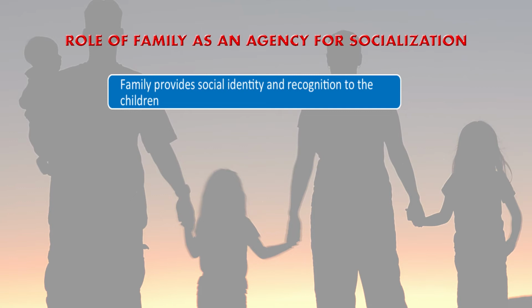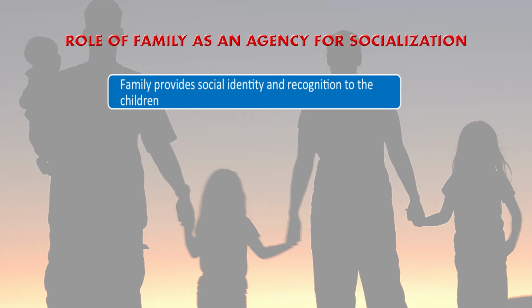Okay, so this is the role of the family, that it helps the child to transmit the cultural tradition to the young generation. And further, family provides social identity and recognition to the children.